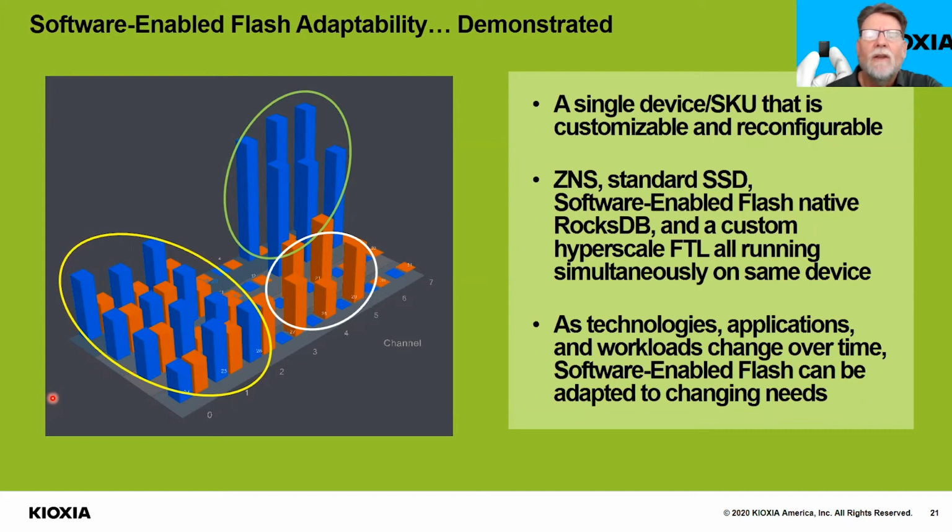Hyperscale customers can deploy a single device at scale, and then they can provision and configure the device in real time to match the dynamic needs of their storage environment. And as new storage protocols and new storage applications are created, they can quickly be implemented using the software-enabled flash primitives.